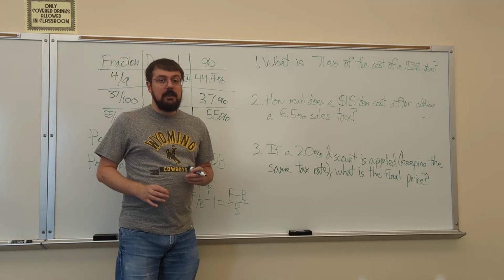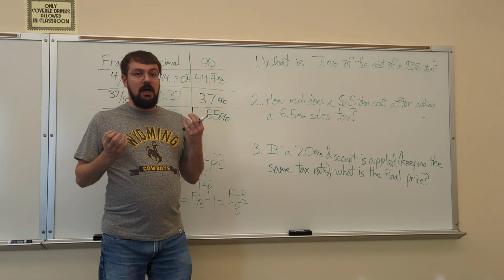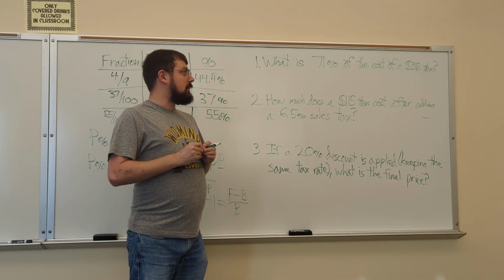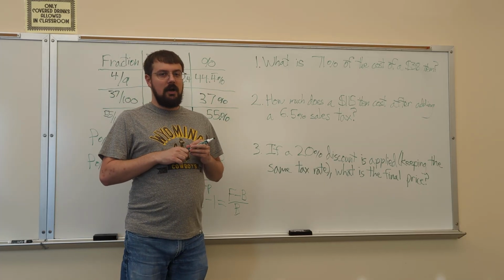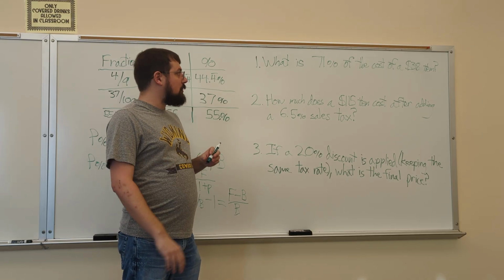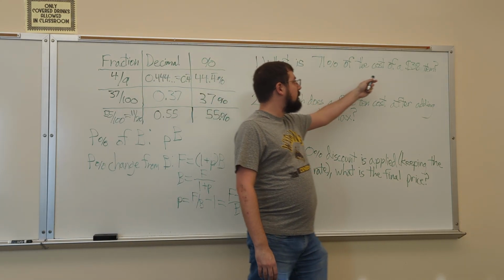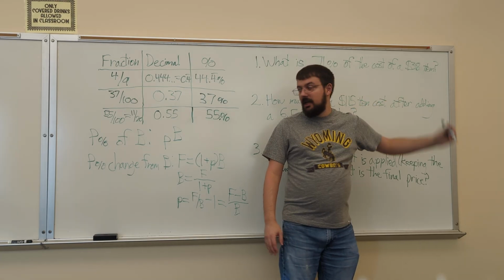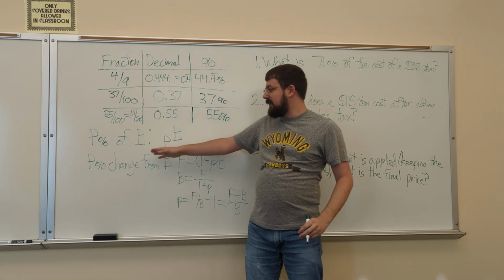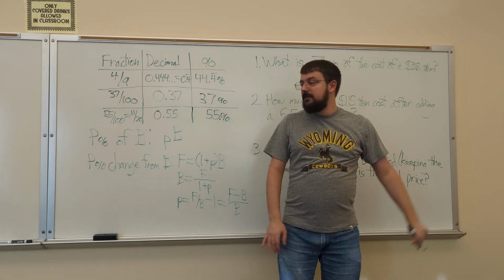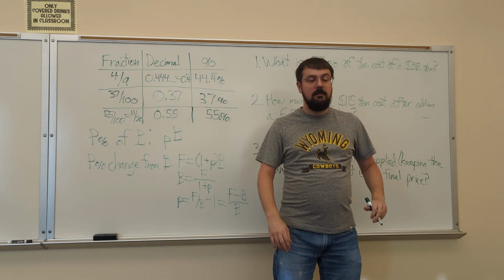So let's go ahead and look at a couple of examples of how we can apply these formulas. So the first one, what is 71% of the cost of a $38 item? So in this case, we are wanting to find 71% of a number. This would be like b from our formulas over here. So we're trying to find p% of b, so we would use this first one, p times b.